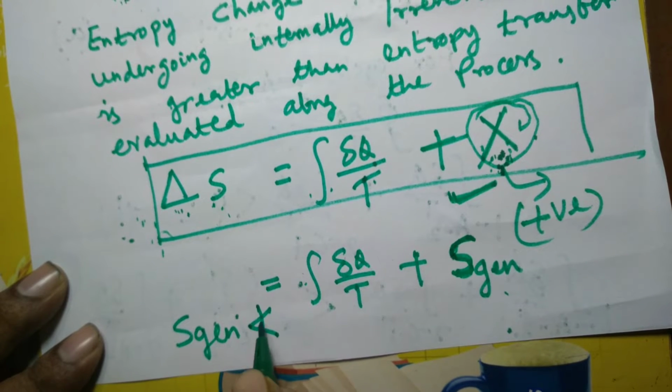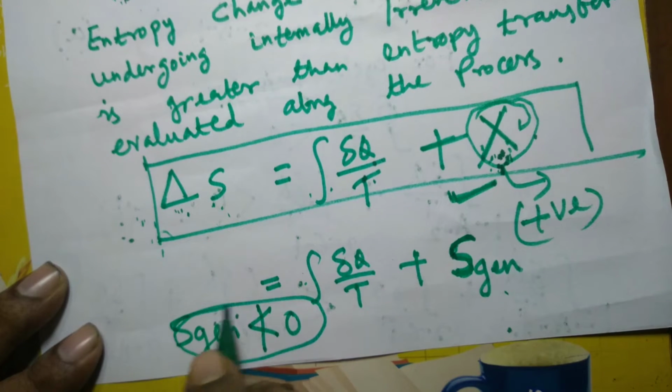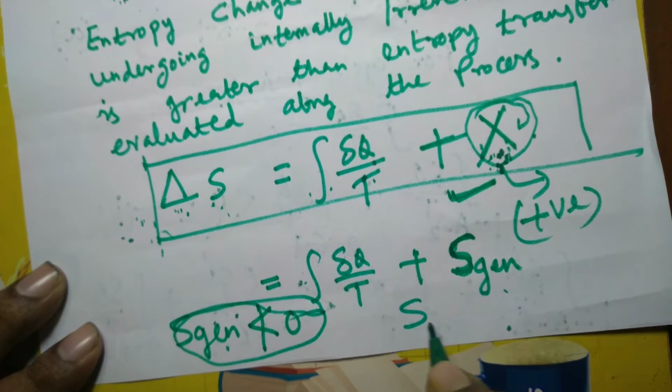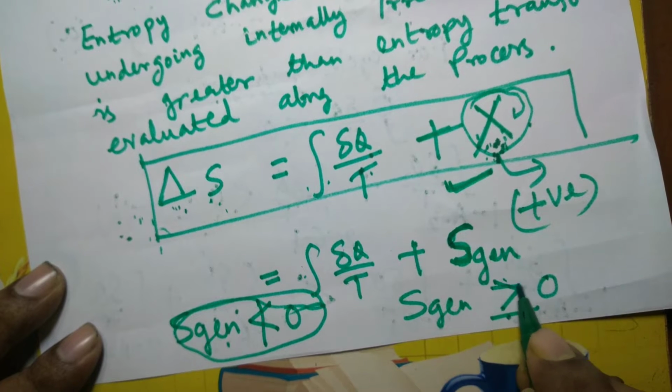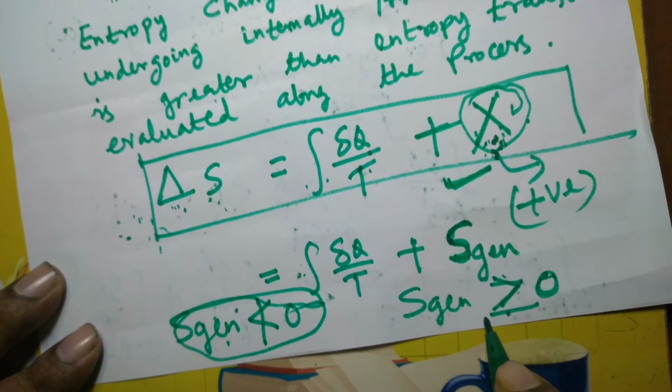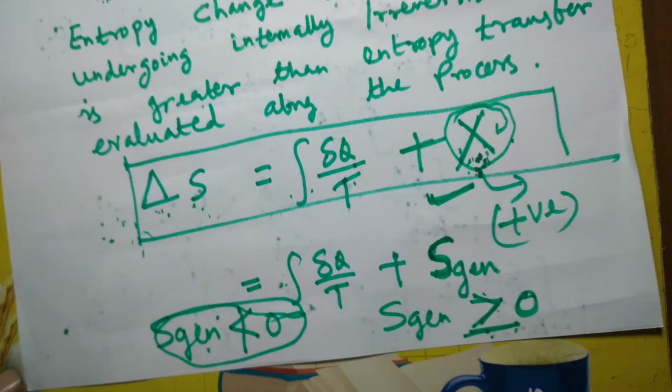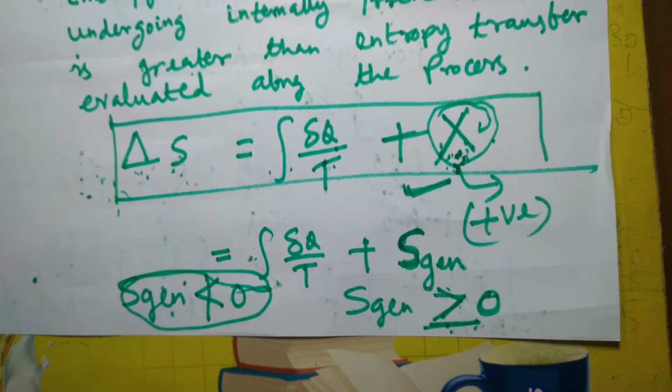It is always either positive or 0: positive for an irreversible process and equal to 0 for a reversible process. We'll discuss more about this entropy generation.